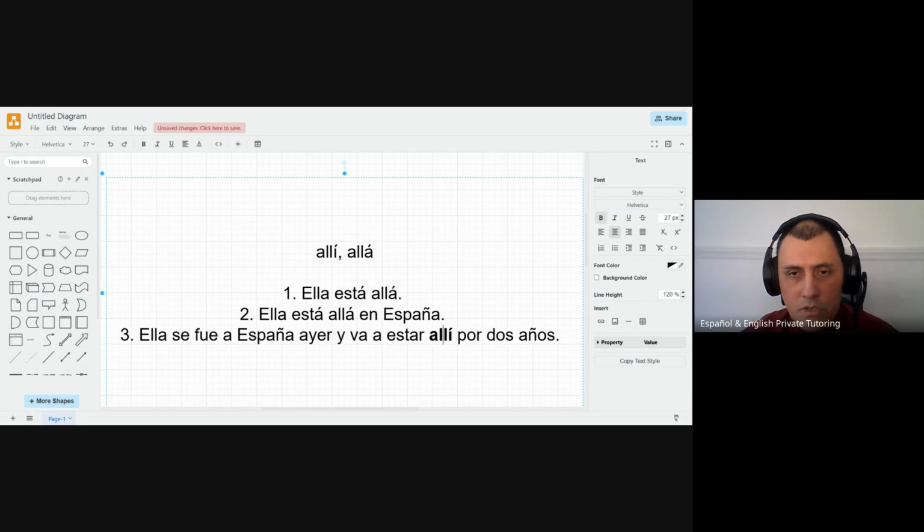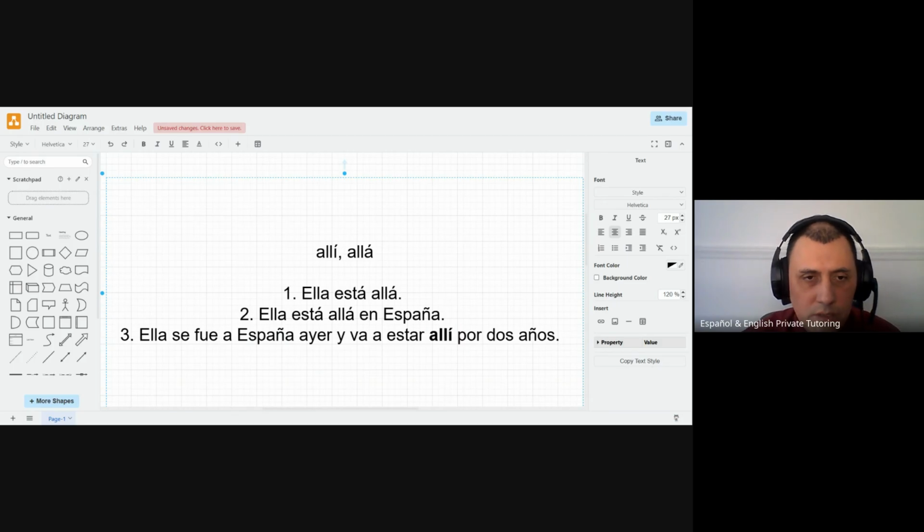Okay. When I say allí, I'm referring to Spain. If I am in Philadelphia, I'm referring to Spain. I can't see Spain from here. Still, I'm using allí. The reason why is because allí is replacing the word Spain. It's acting as a pronoun, replacing the word Spain.